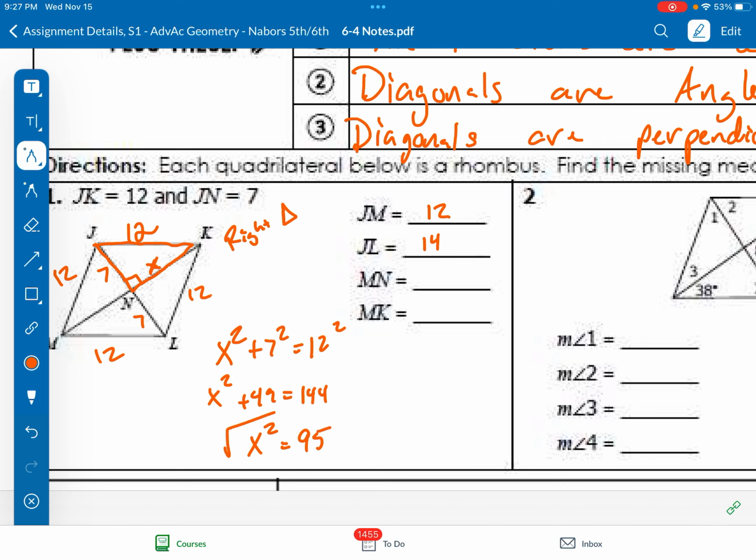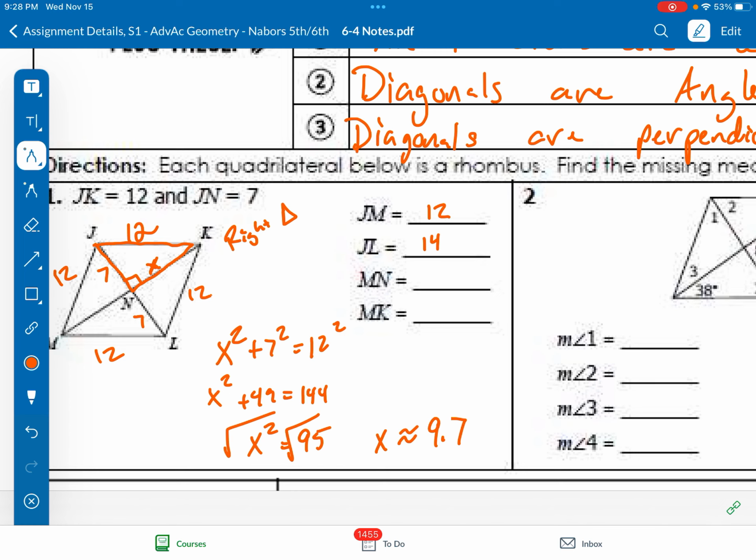Doing the square root in my head is going to be a little bit harder, but when you're a genius like me, you learn how to do it in your head. And that's going to give me that x is approximately, and we're going to round to the nearest tenth here, 9 point... Typically when you round, you only look at the one directly behind it. So I'm going to say 9.7.